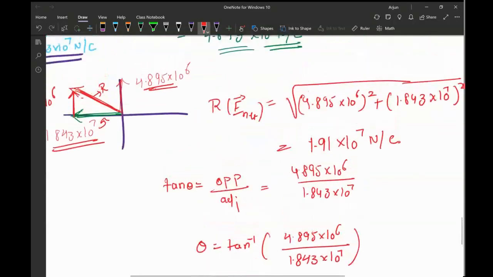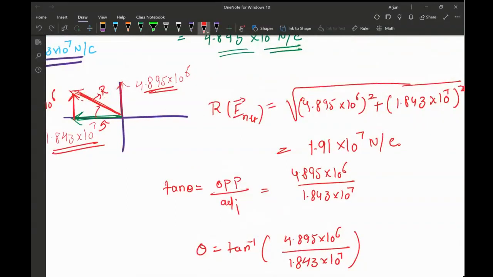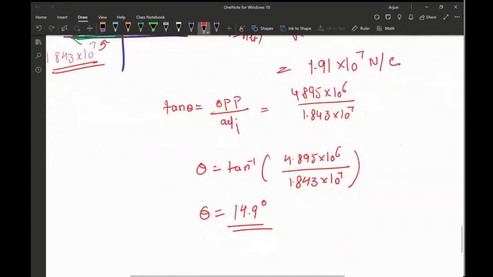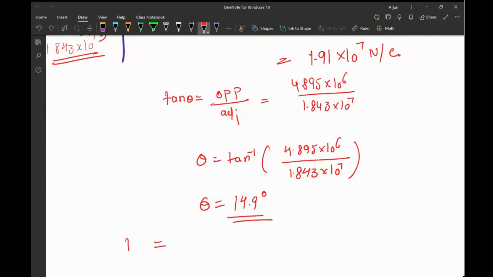The direction for this one will be north of west. So the final value is E resultant equal to 1.91 times 10 raised to the power 7 at an angle of 14.9 degrees north of west.